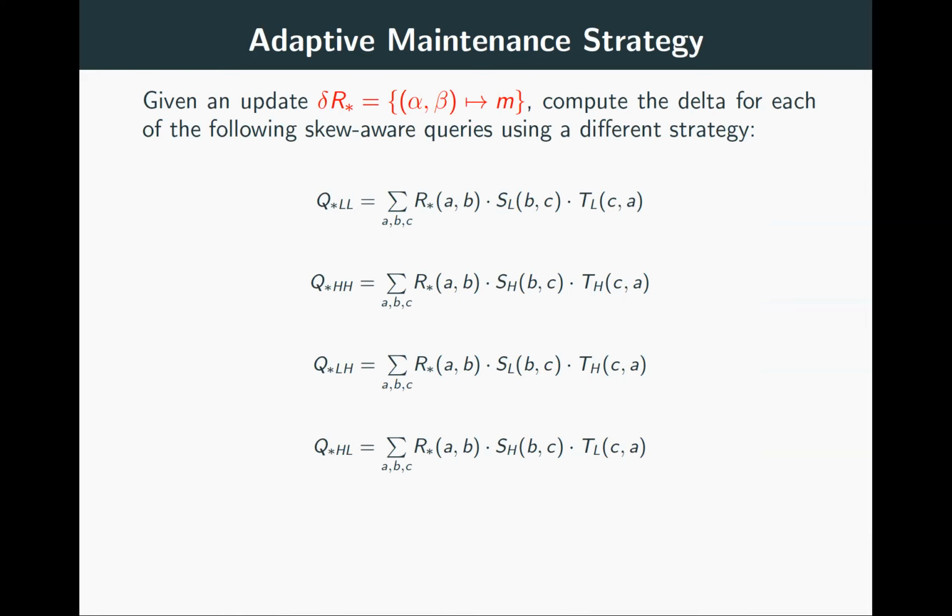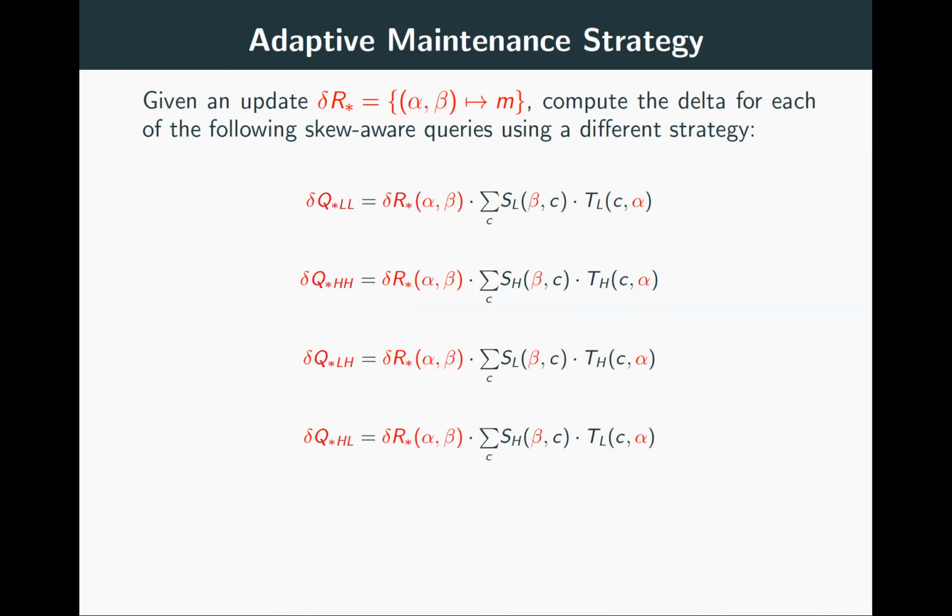So we are light on B and light on C. So this is basically the original query. This is in case S is heavy, T is heavy. And in the case S is light, T is heavy, and S is heavy, T is light. So we have 4 cases, which we have to update depending on the delta we get for R.